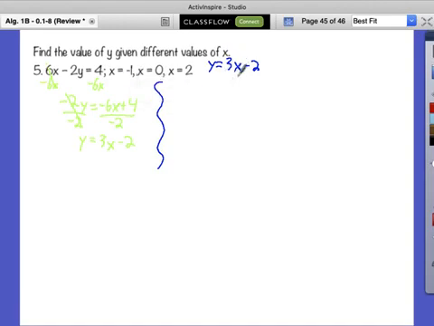So we're going to figure out the value of y if x is -1. Y is equal to 3 times -1 minus 2. Go and write this down. And we're going to do 3 different ones of these: when x is -1, when x is 0, and when x is 2.